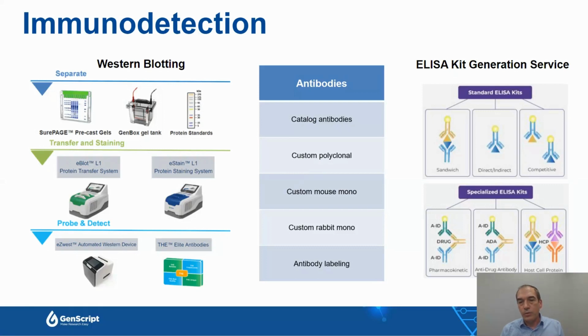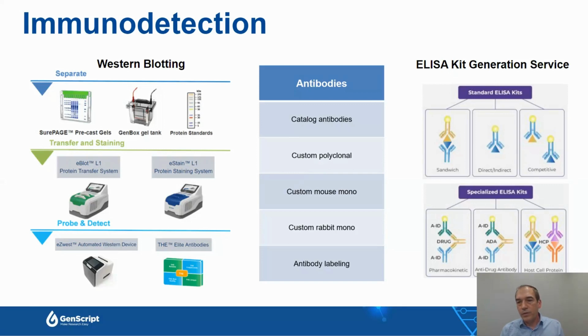We have multiple technologies for antibody development, including single B-cell isolation and using the Beacon platform for testing. And we can also do antibody labeling. If those antibodies are going to be used for flow cytometry, for example, or ELISA kits, we can also label them correspondingly for you.